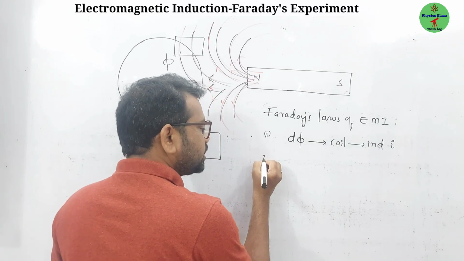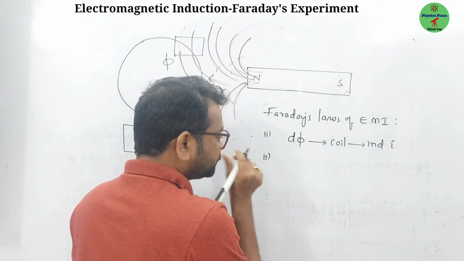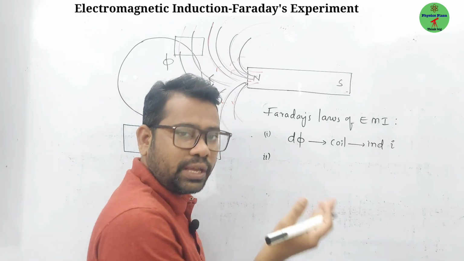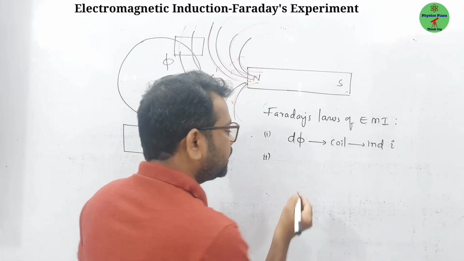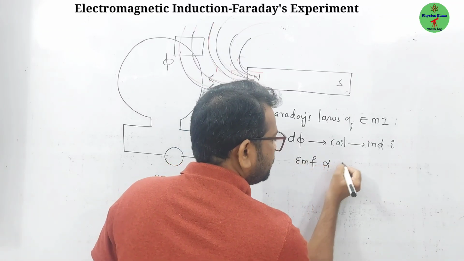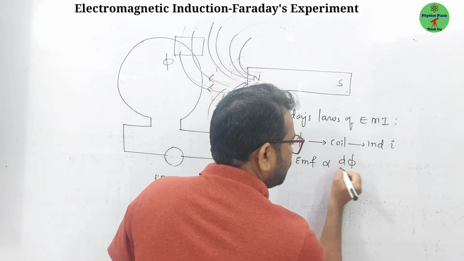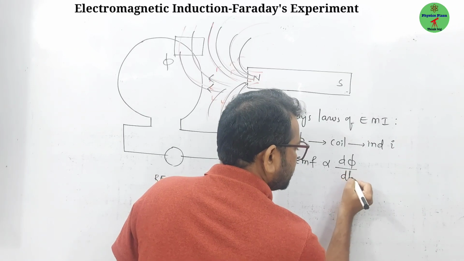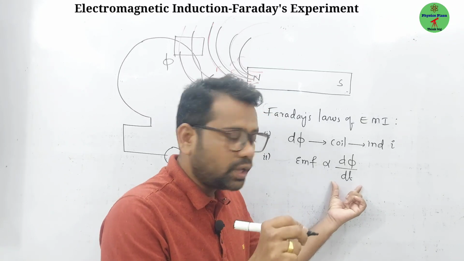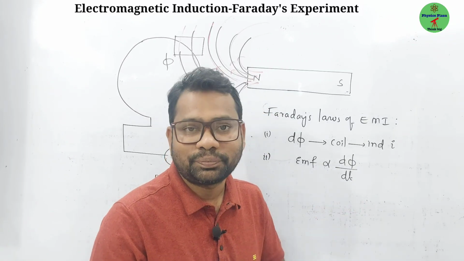And the second thing, children, is this change in magnetic flux which is producing EMF. The induced EMF produced is directly proportional to the rate of change of magnetic flux. If this rate of change of magnetic flux linked with the coil is more, then the induced EMF will be more.